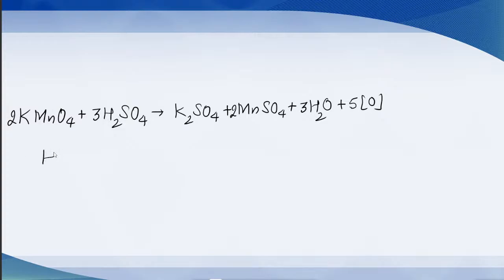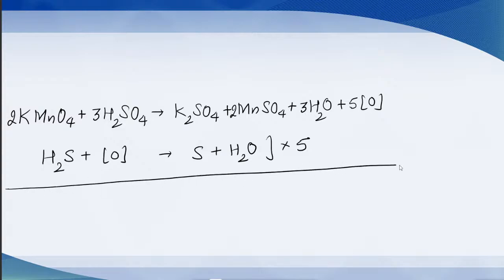Then let us take H2S. So H2S is oxidized to sulfur along with water. So 1 nascent oxygen, again multiplied by 5. H2S is oxidized to sulfur. Okay.